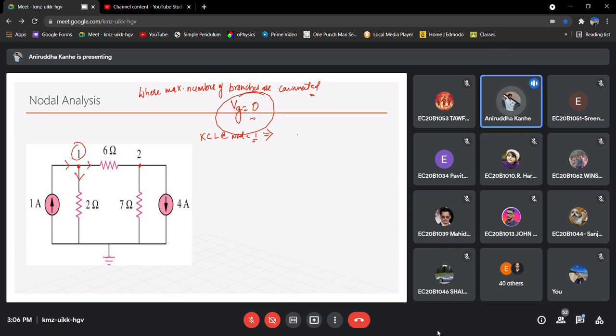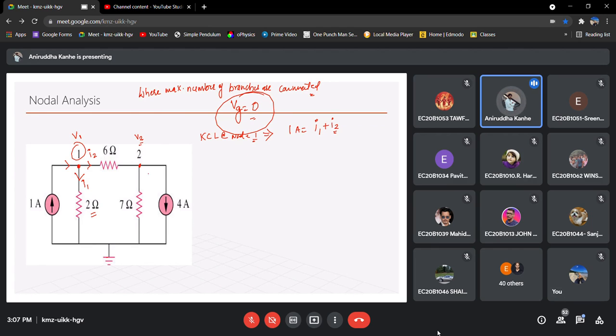You can write it as 1 ampere is equal to the current in this 2 ohm, let us say I1, plus the current in this 6 ohm, let us say I2. But these I1 and I2 are unknown to you. So you can say that this is V1 and that is V2. The voltage at this particular node is V1 and the voltage at that node is V2.